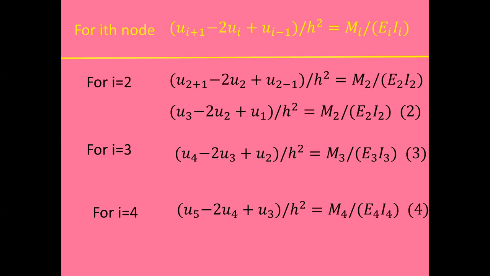And obviously all these equations are going to be arranged in a matrix form, so we need to know where all equations are going to be arranged. So these are the 3 equations. The other 2 equations are the constraint equations for node number 1 and node number 5.